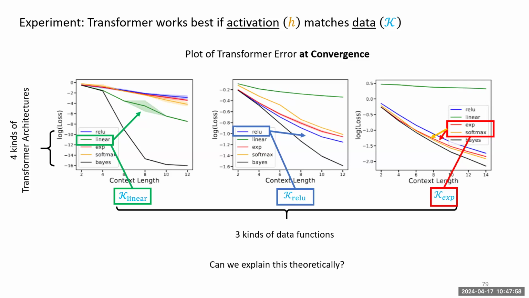But for some reason it's still the best approximation to the right thing to do. I will also note that the orange line is softmax and the red line is EXP, and it's a bit interesting that softmax does slightly better than the EXP activated transformer, even though we predicted that with enough layers, EXP should be statistically optimal.